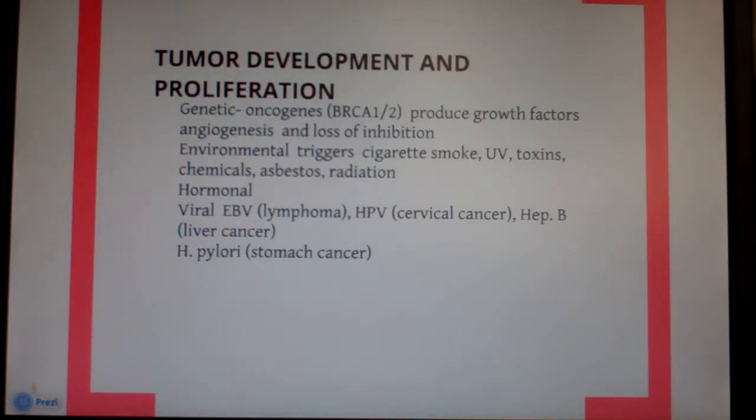So an oncogene is a form of a proto-oncogene, and basically its whole point is to divide really fast. On the other hand, tumor suppressor genes normally slow down proliferation. When they're altered, they may lose this function and allow for more rapid proliferation, the opposite, right?